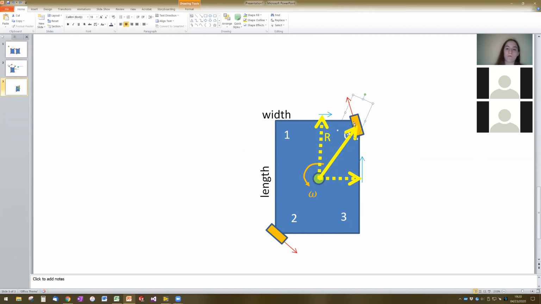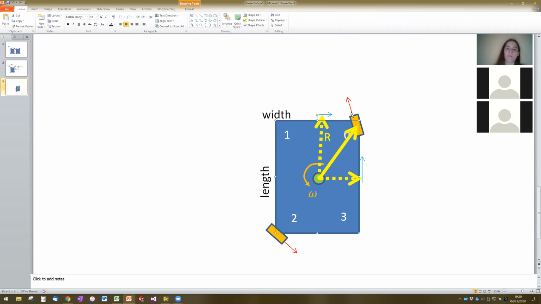Something I should have mentioned earlier is that this velocity along the edge is also often referred to as the tangential velocity. There is a relationship between the tangential velocity and the rotation velocity, and it's pretty simple.